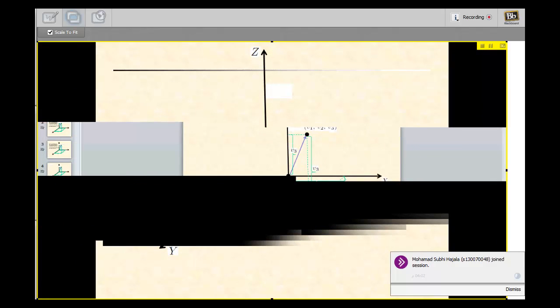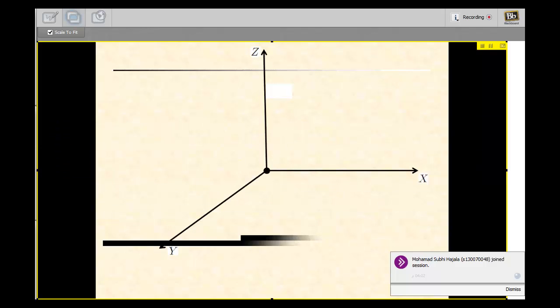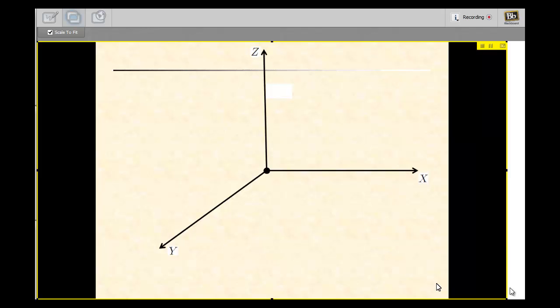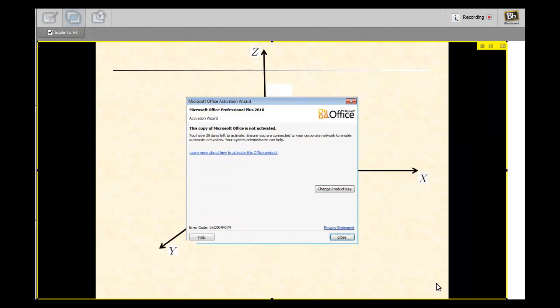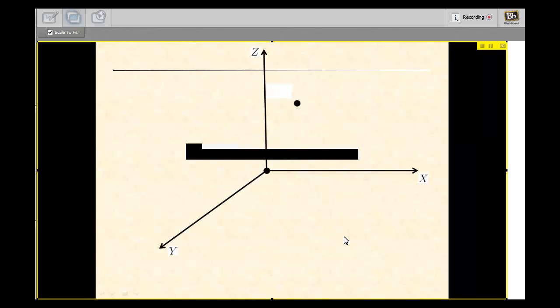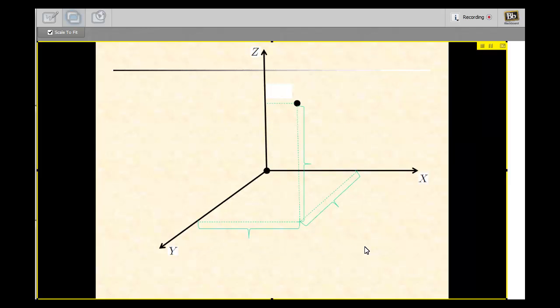So this is a Cartesian system, and we know that there are x, y, z planes. Whenever we have a point over there, we say that this is a point, and similarly we can measure this point in 3 dimensions: some distance from the x-axis, some distance from the y-axis, and some distance from the z-axis.